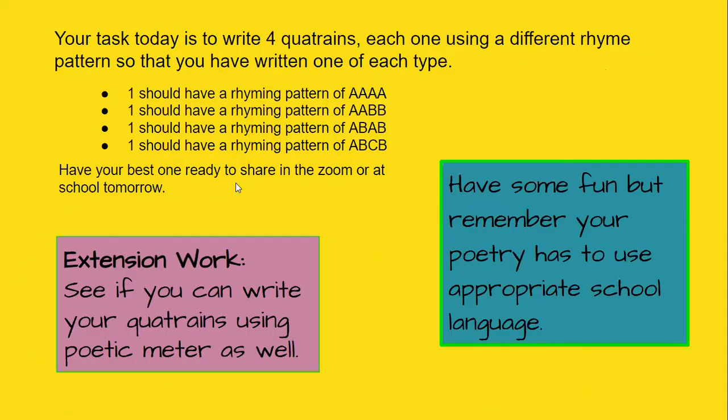Have your best one ready to share in the Zoom or at school tomorrow. And for extension work, see if you can write your quatrains using poetic metre as well, listening for the stressed syllables. And remember to keep your poetry appropriate for school.